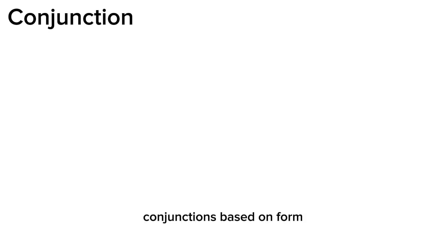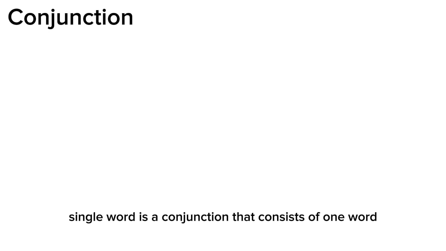Conjunctions based on form. A correlative conjunction is a conjunction that consists of two words, but they must be separated in the sentence. Examples include not only, but also; either, or; neither, nor. A single word conjunction is a conjunction that consists of one word.